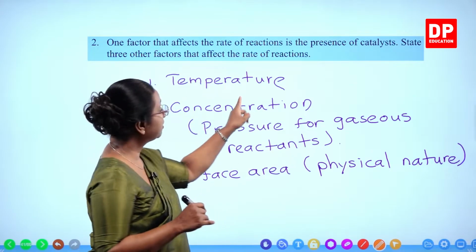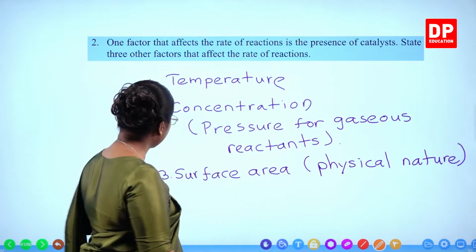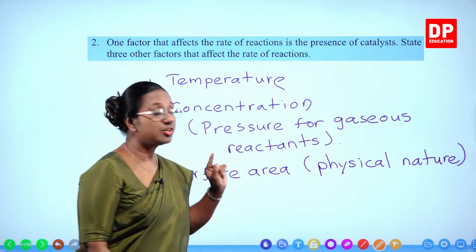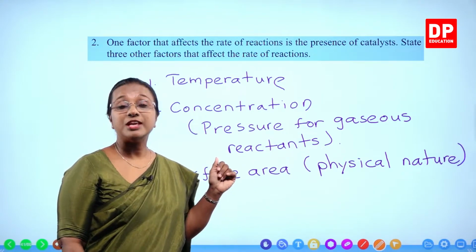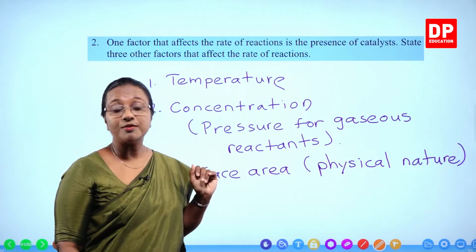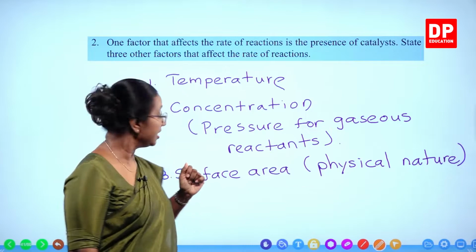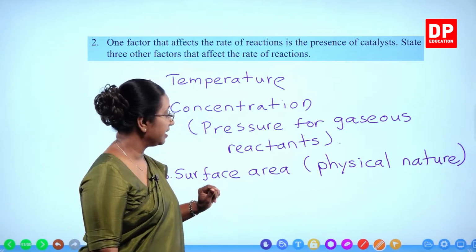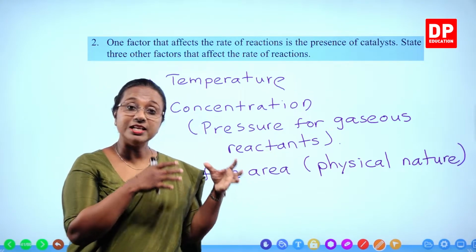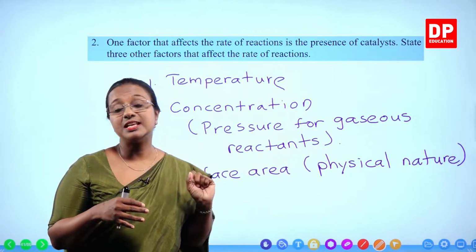When temperature increases, rate of reaction increases. Temperature decreases, rate of reaction decreases. Concentration increases also, the rate of reaction increases. If it is pressure, you decrease the volume of the container, the pressure increases and the rate of reaction increases. And surface area, when you have it as a solid chunk of substance reactant, then the surface area is less.